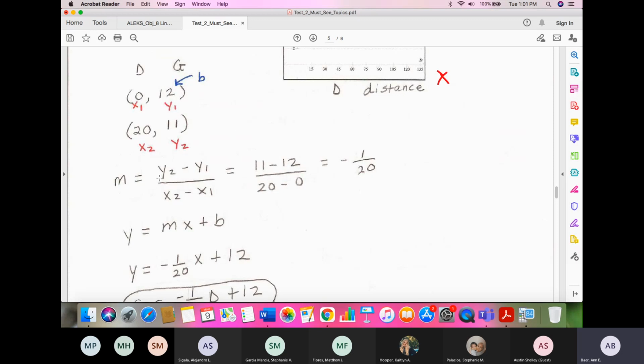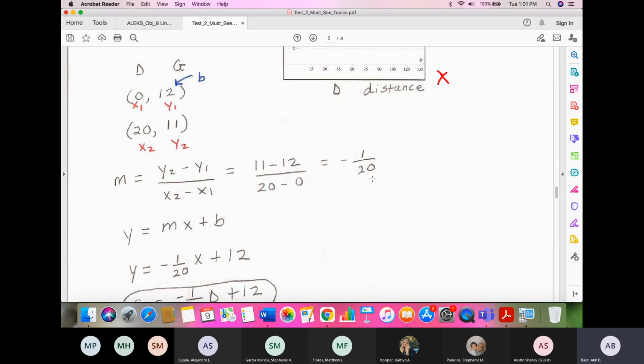The slope is y2 minus y1 over x2 minus x1. y2, 11, minus y1, y1 is 12, over x2, 20, minus x1, 0. So this is 11 minus 12, which is -1. 20 minus 0 is 20, -1/20.